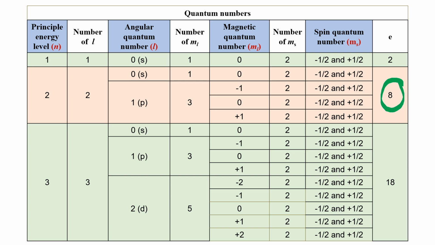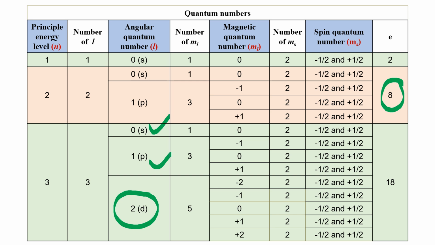In the third principal energy level, the number of azimuthal quantum numbers that can exist is 3. For 0 we discussed, and for 1 we already discussed when talking about the second principal energy level. And this 2, or d, angular quantum number or azimuthal quantum number contains 5 magnetic energy levels.